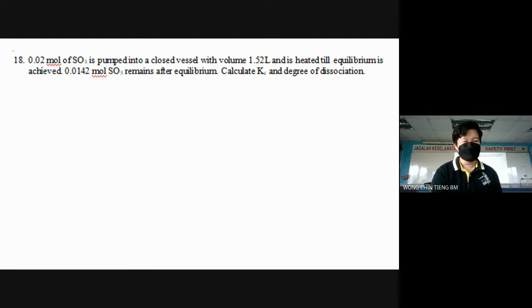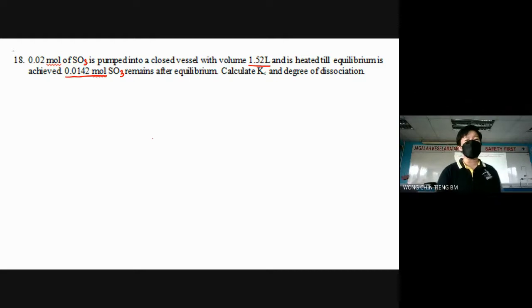Bestnya. Okay, 0.02 mole of SO3 is pumped into a closed vessel with a volume of 1.52 liter, finally bukan 2 liter. And it is heated until equilibrium achieved and this number of mole of SO3 remain after the equilibrium.